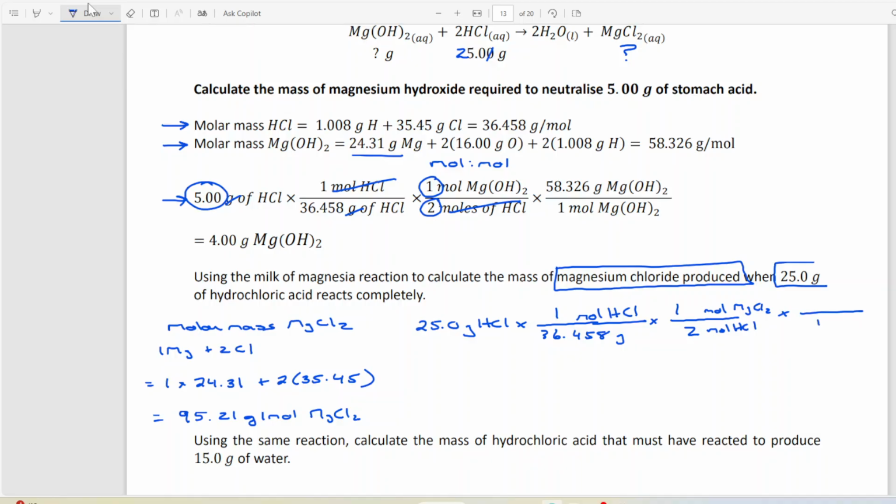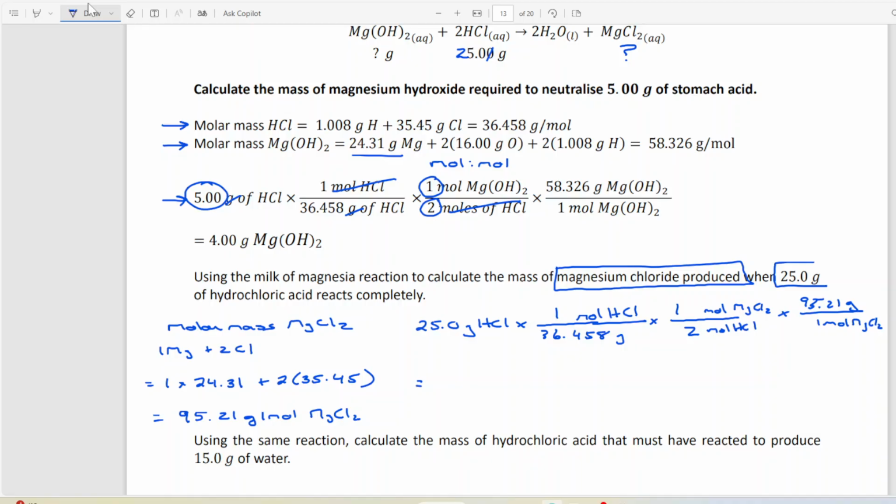So I know that 1 mole of magnesium chloride weighs 95.21 grams. So then in my calculator, I'm typing 25 divided by 36.458 divided by 2, because remember I can ignore all the ones, times the 95.21.